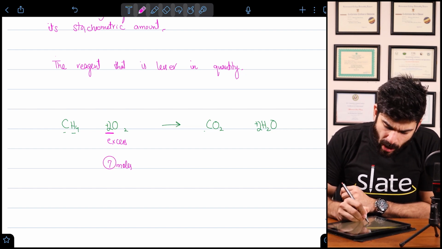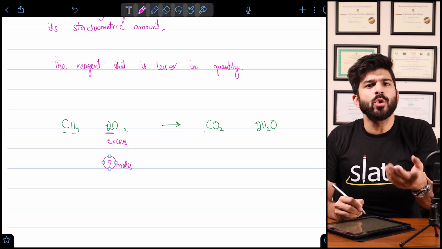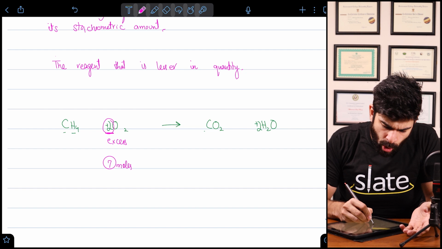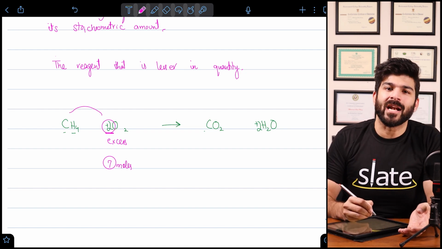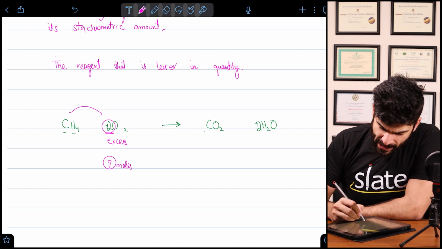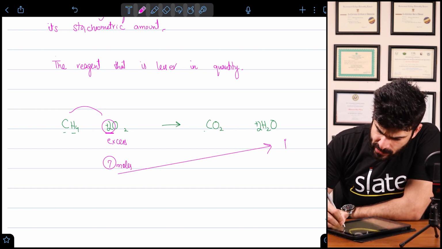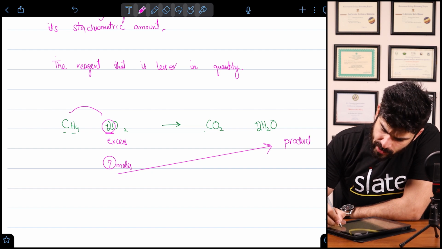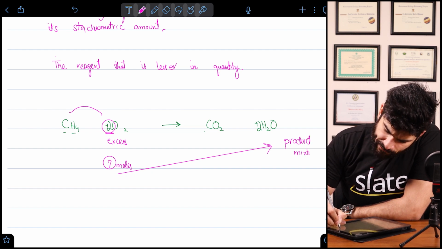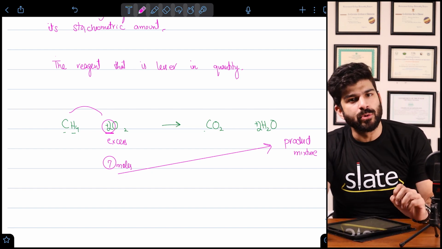7 moles were there, but out of those 7 moles, only 2 moles of oxygen were used by us because we needed 2 moles as per the stoichiometric calculations, as per the balanced chemical equation. So the 5 went towards the product side and we call it the product mixture. The 5 moles went towards the product side and the 2 moles were used.